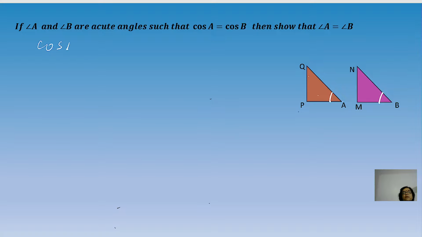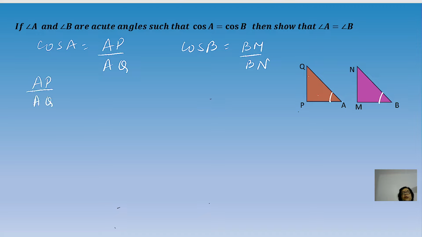Cos A from the first triangle will be equal to AP upon AQ. Cos B from the second triangle is the ratio of BM upon BN. Now they are both equal, so we can write AP upon AQ is equal to BM upon BN. This is a proportion, so the means can interchange their positions.